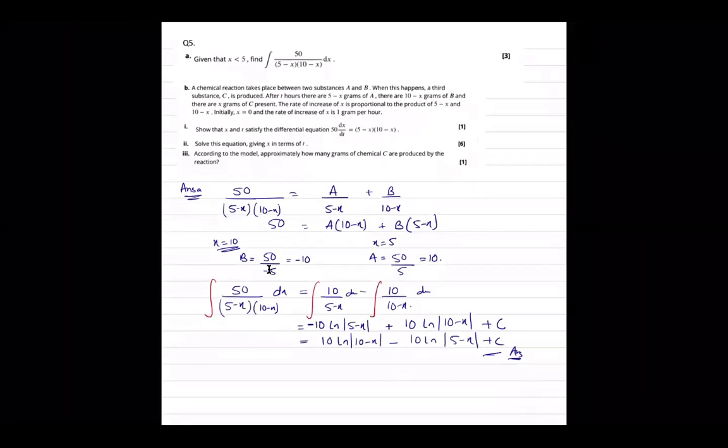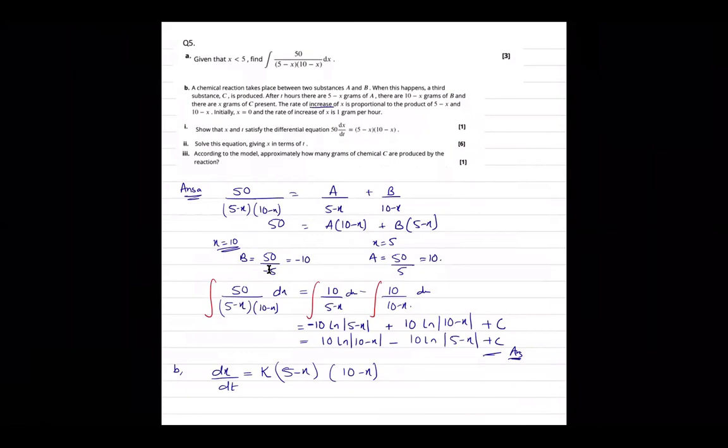So our statement is going to be that the rate of increase of x is proportional to the product of 5 minus x and 10 minus x. So if you remove this proportionality sign, you're going to write a constant number with a positive sign because the rate is increasing. It is a rate of increase. So far with me?